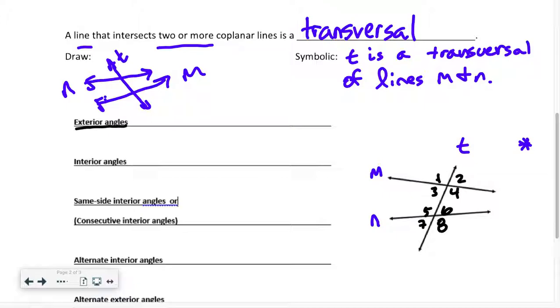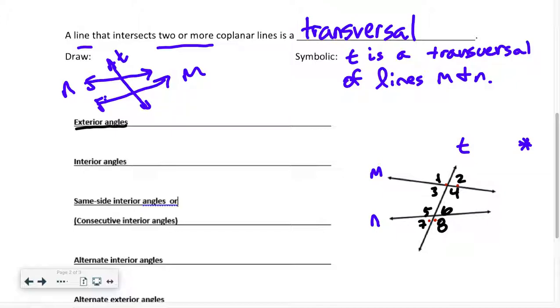Exterior angles. Exterior angles are angles that are outside of your two lines M and N. Examples of some exterior angles here: angles 1 and 2 are above M, and 7 and 8 are angles that are below N. So they're kind of opposite each other.